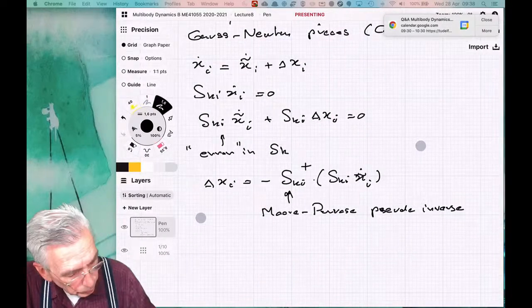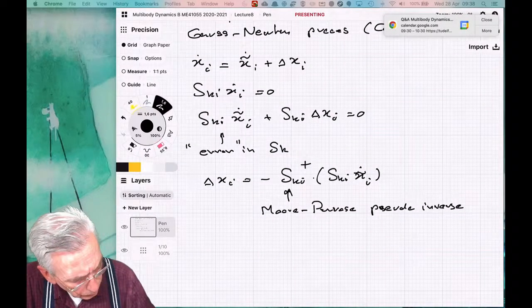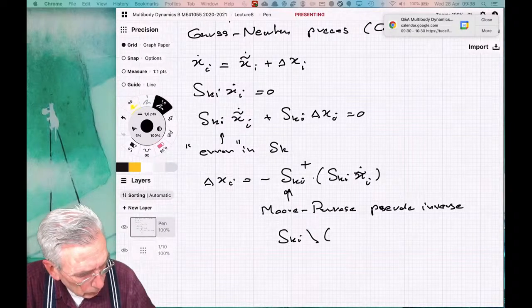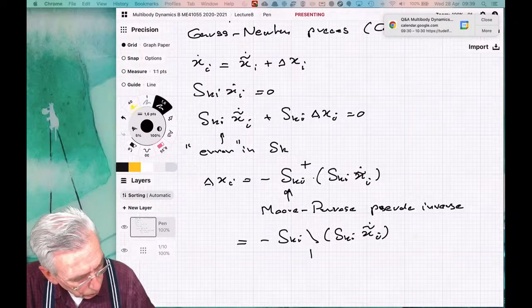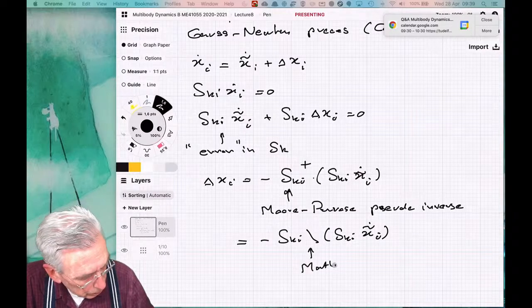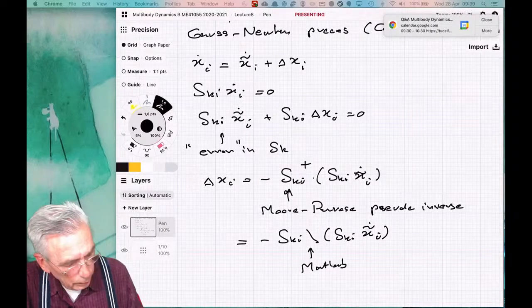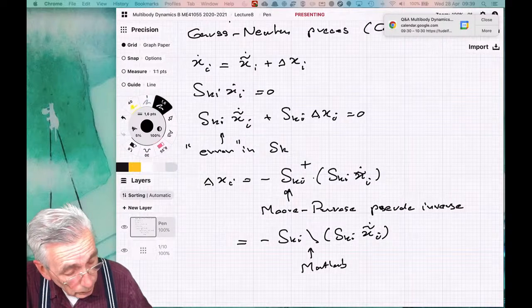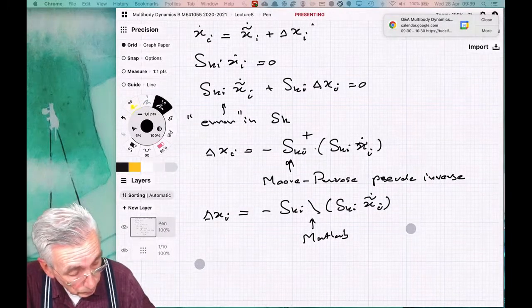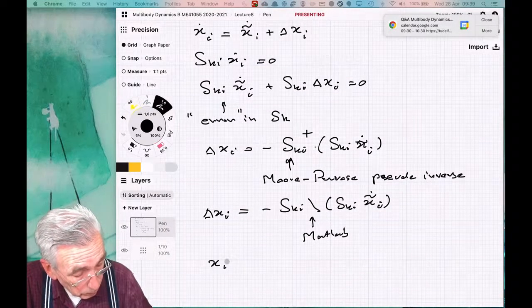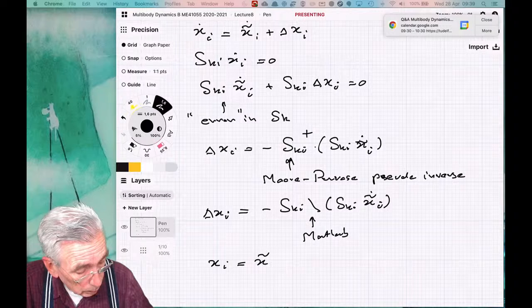Or you could also do in MATLAB the backslash, ψk backslash. Yeah, it's now a very strange mixed notation. It's MATLAB. And then of course you increment, and then you're ready. If you then add this increment, then you already have in this one step the correct position.